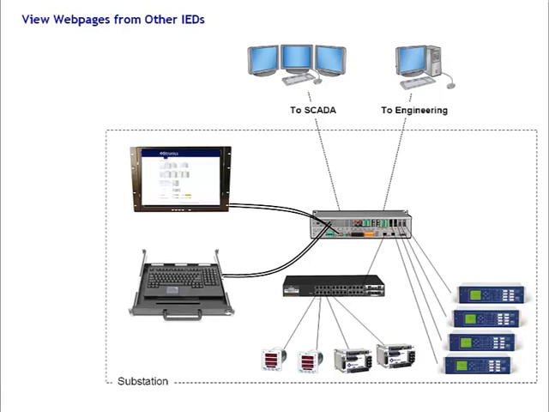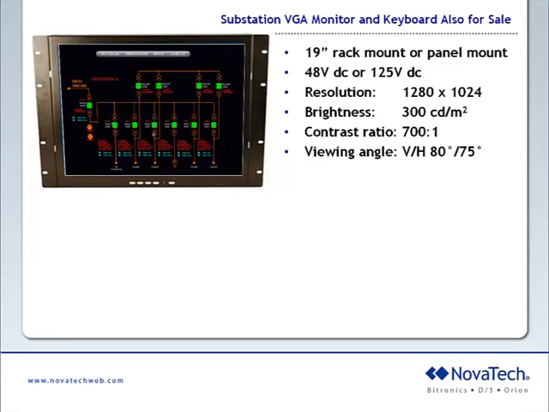The Orion comes set up to block that and to block external access through the firewall, but that can be specifically enabled by an IT administrator with privileges. Okay. Again, web pages from other IEDs can be viewed.